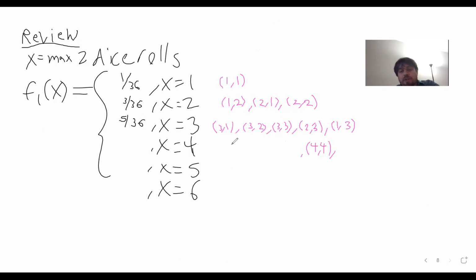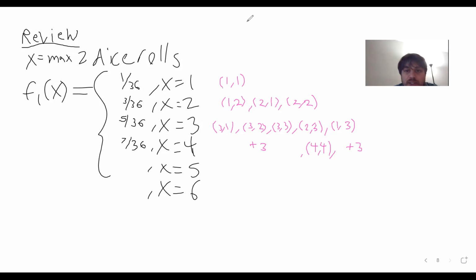Then the second would range from 1 to 3, so you'd have 3 more ordered pairs here: (4, 1), (4, 2), and (4, 3). And here you would have 3 more if the first one's smaller: (1, 4), (2, 4), (3, 4). So you'd have 7. So there's 7 for the maximum being 4.